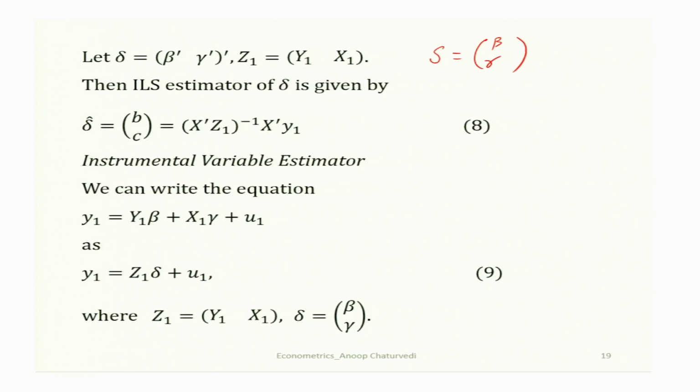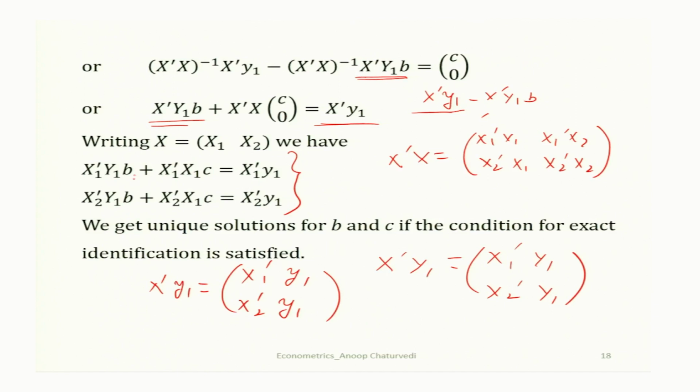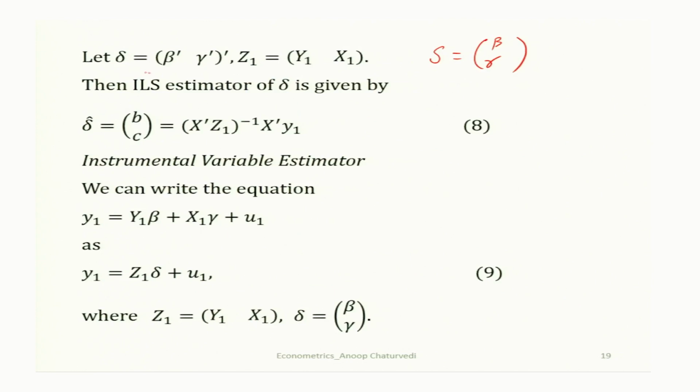Just you combine these two equations and then you write delta hat equal to B c. So, after some manipulations and using these notations, we can write delta hat equal to x transpose z 1 inverse x transpose y 1. Now, this is somewhat like instrumental variable estimator.